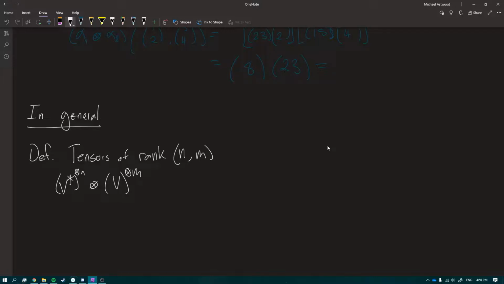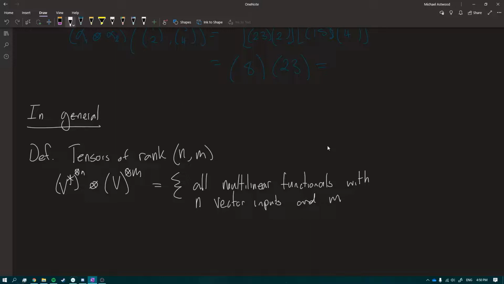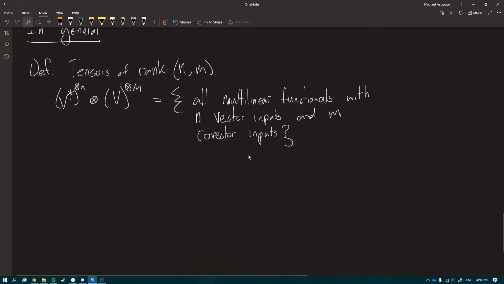And this notation just means take the tensor product n times. And it's really all multilinear functionals with n vector inputs and m covector inputs. Great. So, of course, this is over V.